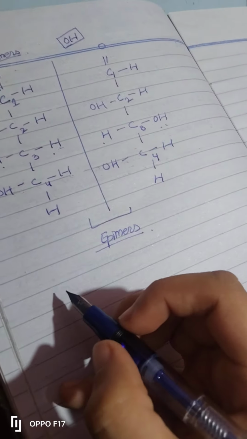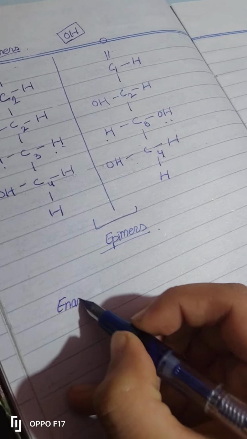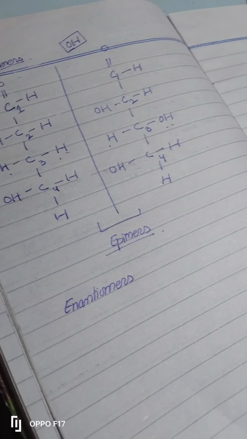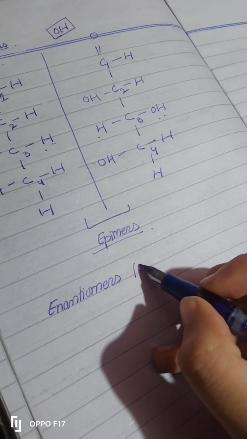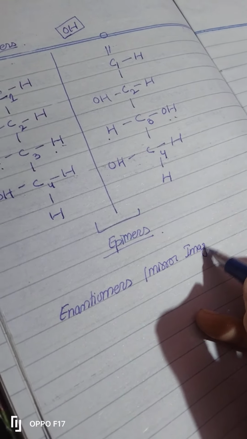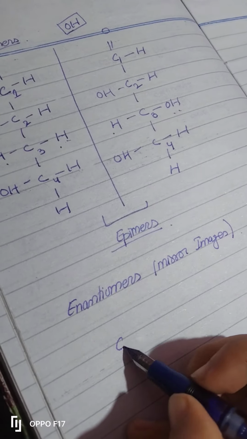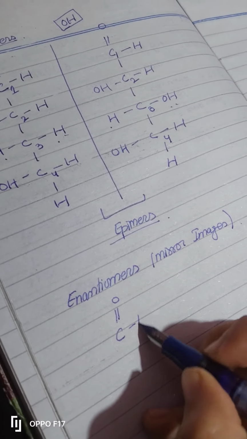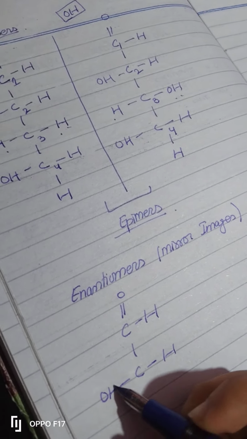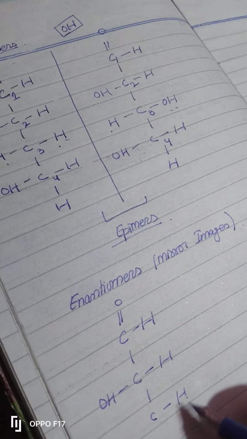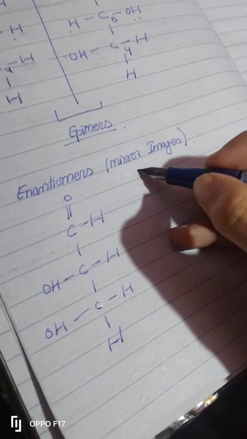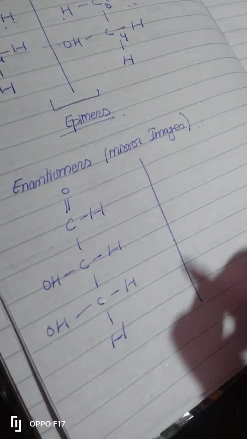Now let's talk about enantiomers. What are enantiomers? Enantiomers are known as mirror images. For example, I'm drawing a compound, it's quite a simple compound, and I have placed a mirror over here.